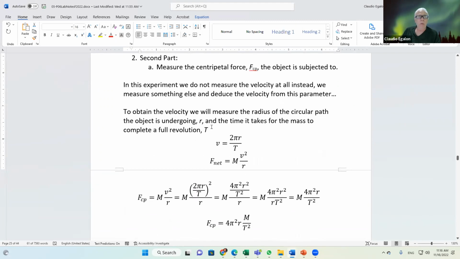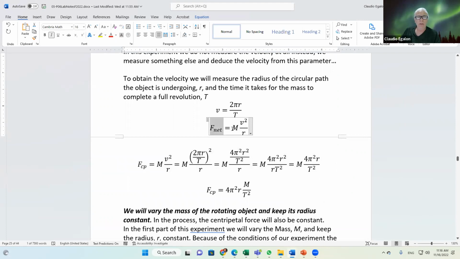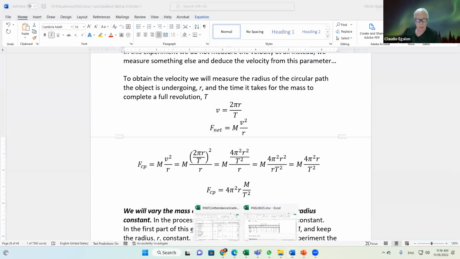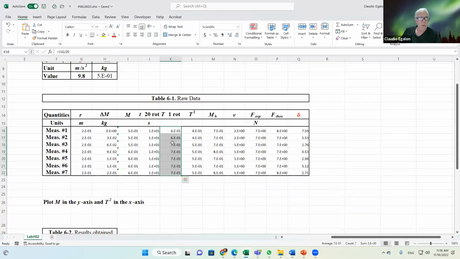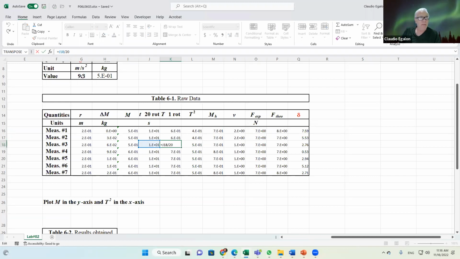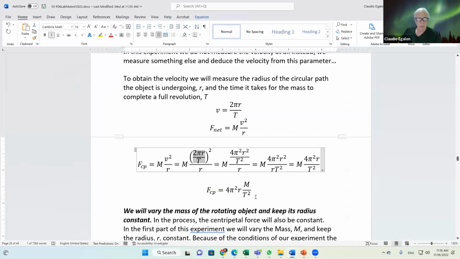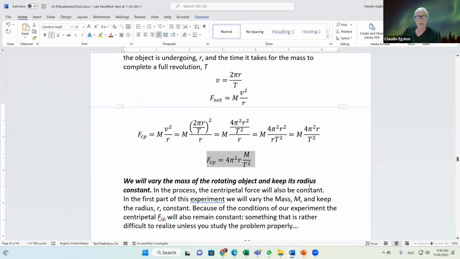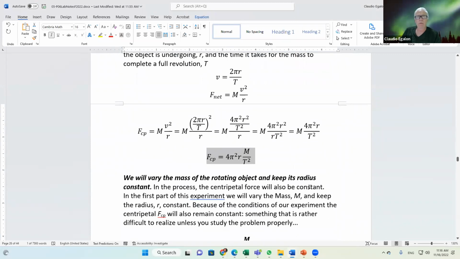We write down the equation for the centripetal force, which is mass times velocity squared over r. The velocity is going to be 2 pi r divided by the period, which has already been calculated in my spreadsheet. The period of a single rotation is this period here divided by 20. When we spell that out mathematically, that's what we get for the centripetal force: 4 pi squared r m over T squared.